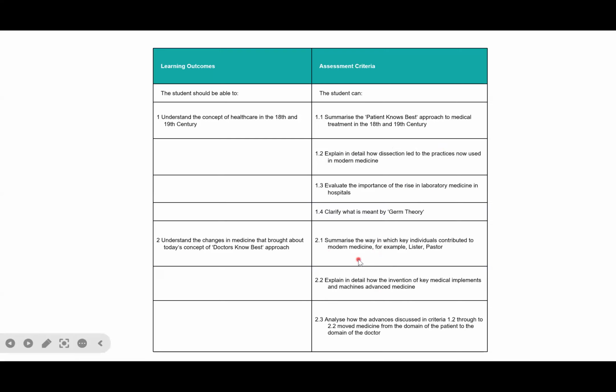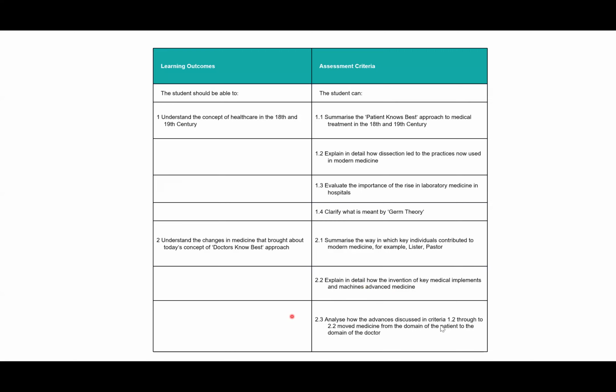Here you summarize the way in which key individuals contributed to modern medicine, such as Lister and Pasteur. You have read this in the documents that were shared with you, and some of them we have gone through in the sessions. 2.2 is to explain in detail how the invention of key medical implements and machines advanced medicine.